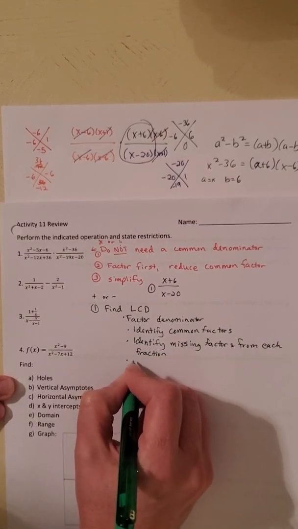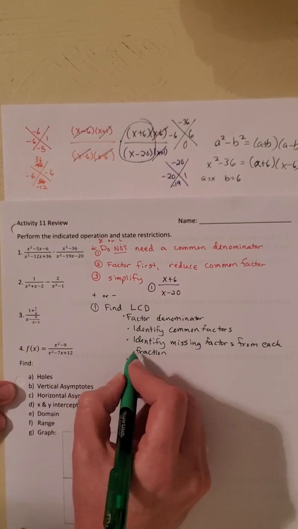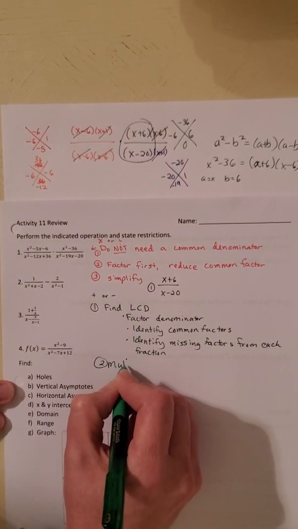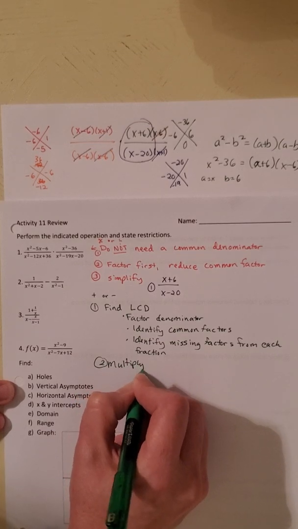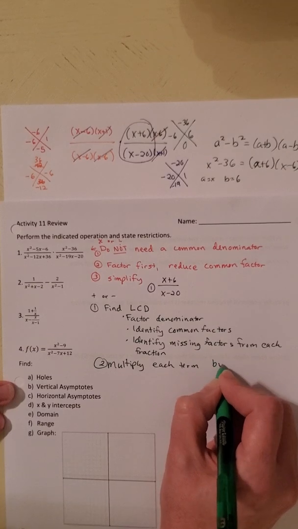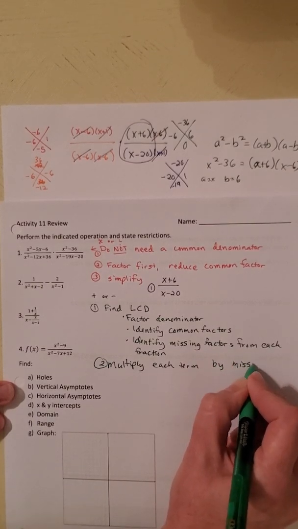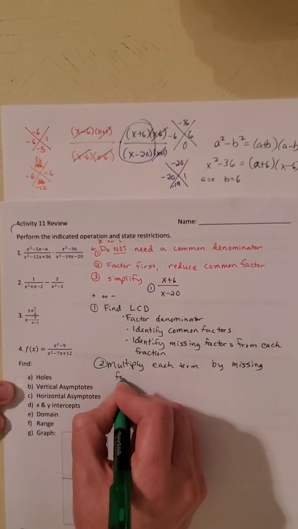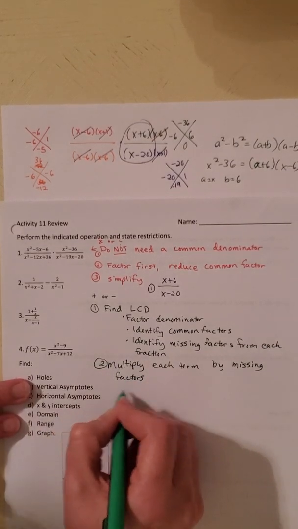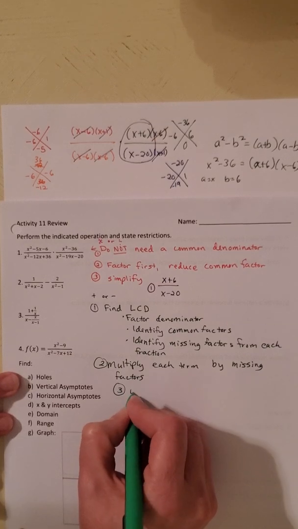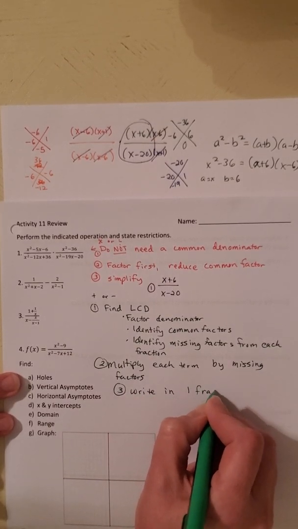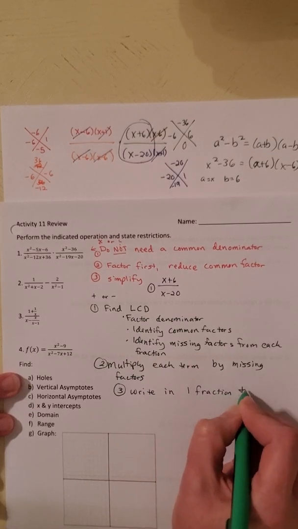Step 2 is to multiply each term by the missing factors. And then step 3 is to write in one fraction and simplify.